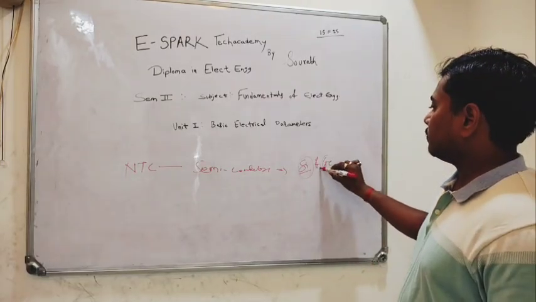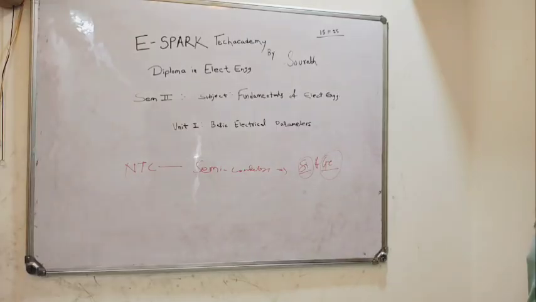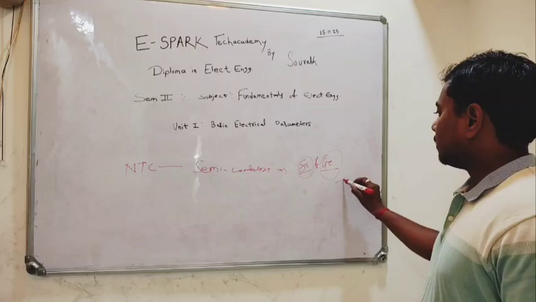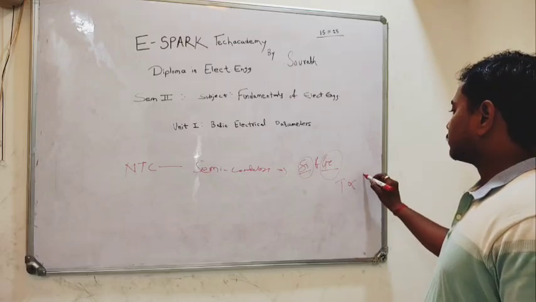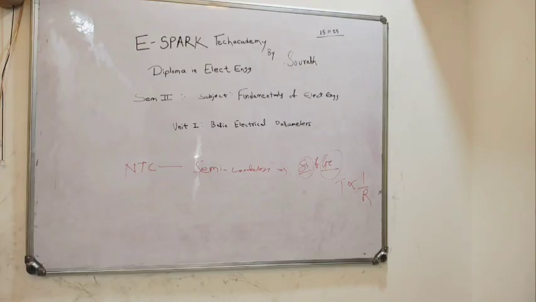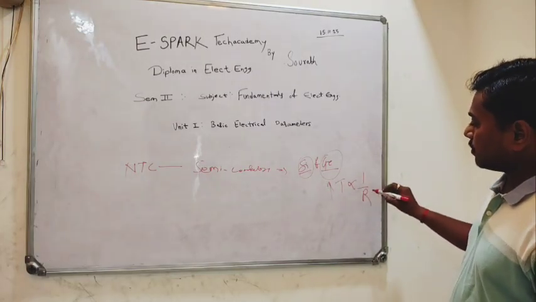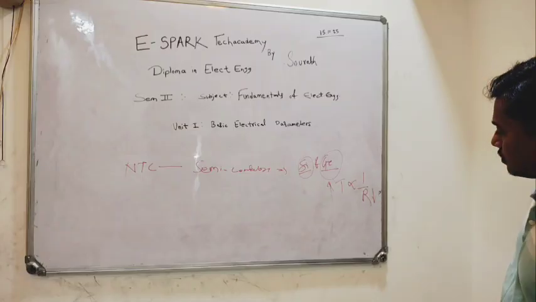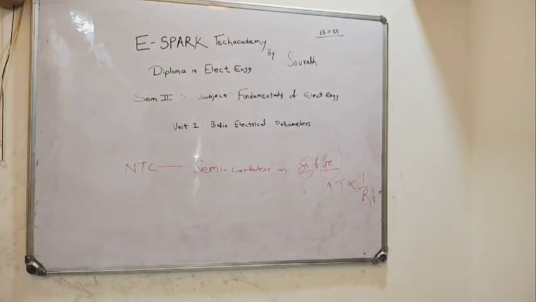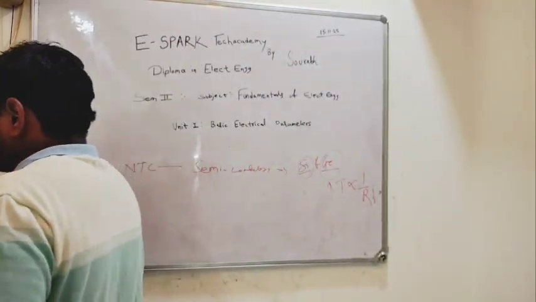Silicon and germanium are used in many electronic devices. Here temperature is inversely proportional to resistance. As the temperature increases, your resistance will decrease and vice versa. That's why we are calling them negative temperature coefficient.